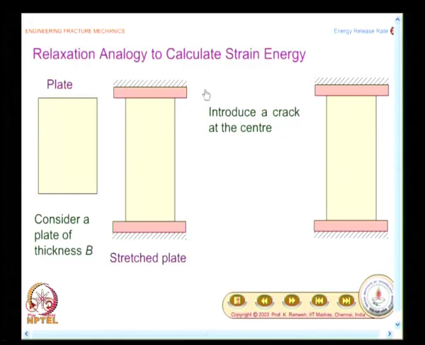Mind you, whatever we discuss is meant for a brittle material, but for visualization purposes, it is convenient to take a rubber sheet and look at what will happen. Suppose I introduce a crack, what do you anticipate? Up to some extent the crack will remain stable, beyond a length the crack will propagate and the strip will separate itself. You can visualize this physically.